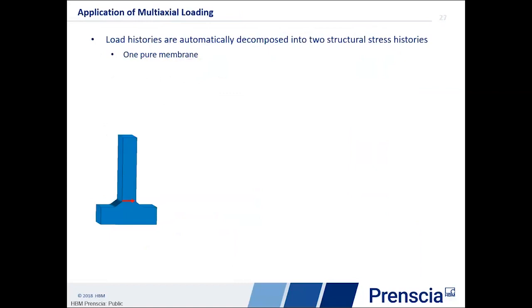Allowing us to go in and deal with multi-axial loading, the way that we have approached this is that we take all the loads coming into the structure, and for each load we go in and we apply a unit load in the direction of that loading at that particular load point, and we calculate a structural stress from that.